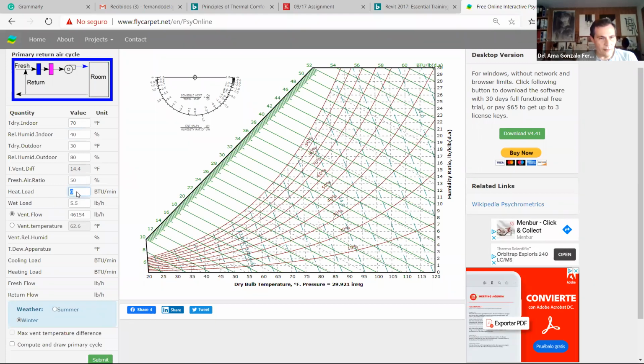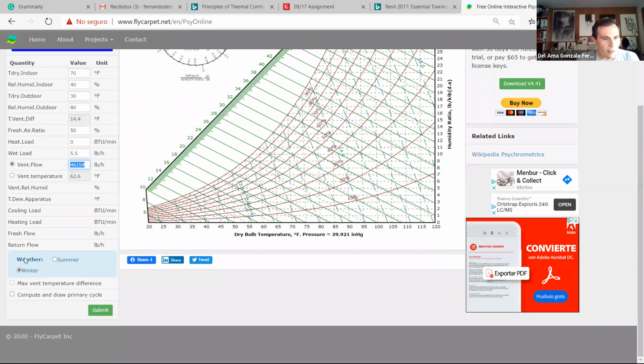Heat load, we are going to say 0, because we can apply some heat load here, and we are going to analyze the heat load of this heating coil here. The ventilation flow, the same ventilation flow that we calculated in the other exercise. Type winter, because those are winter conditions. And now compute and submit. See what happens.